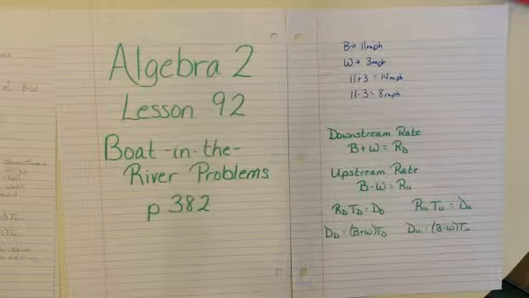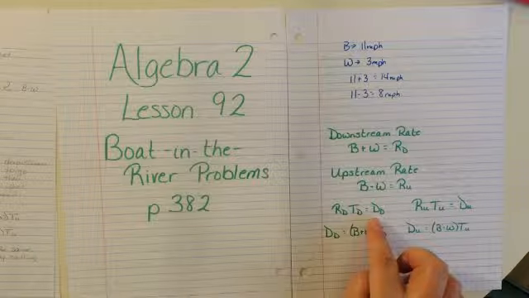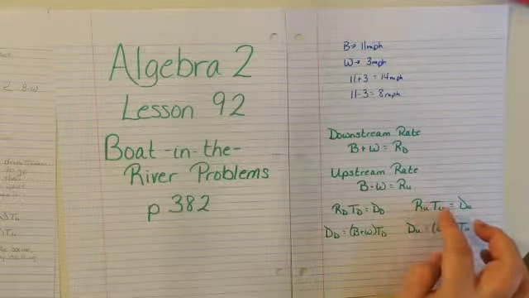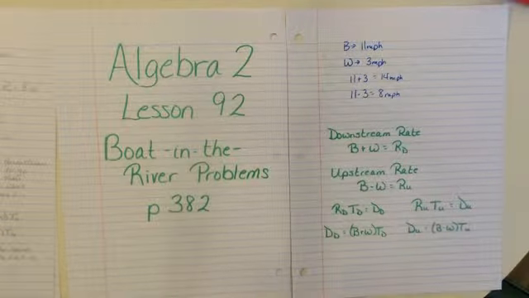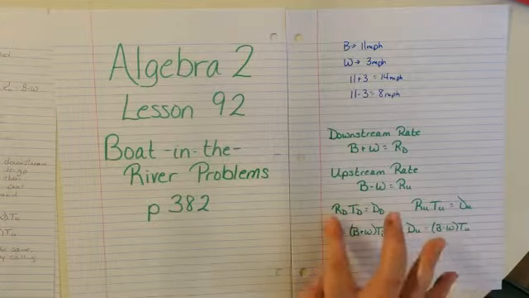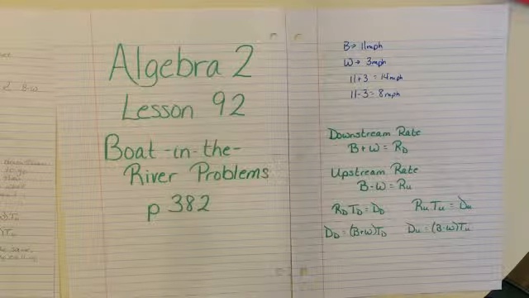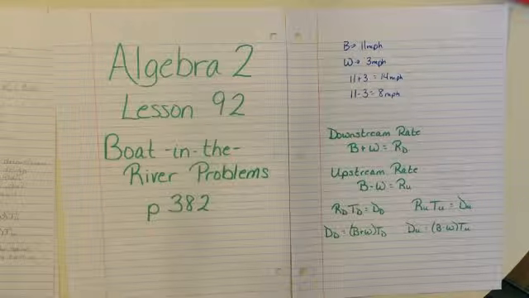Okay, rate times time still equals distance, so the rate downstream times the time downstream equals the distance downstream. And the rate upstream times the time upstream equals the distance upstream. So you can substitute the boat plus the water and the boat minus the water for the rates, and you get these formulas for distance downstream and distance upstream.